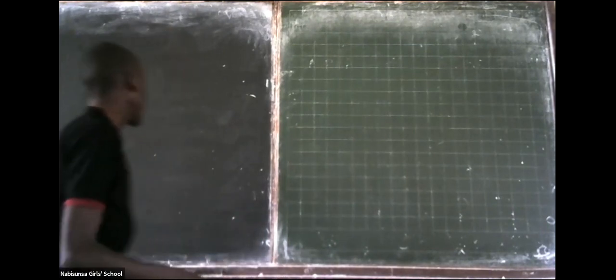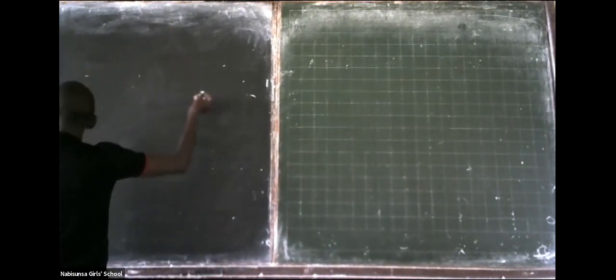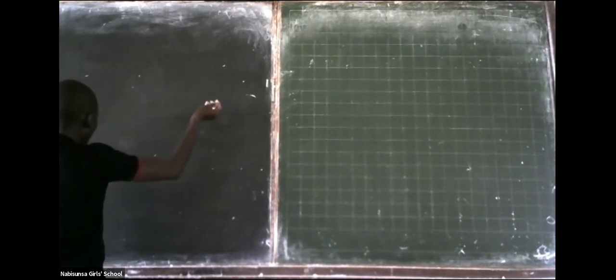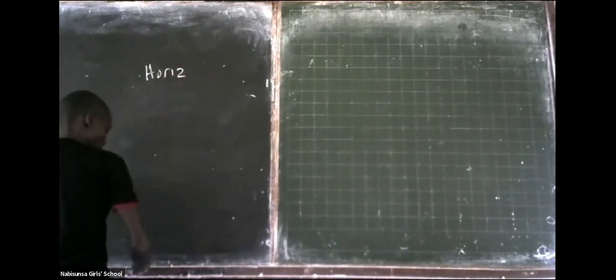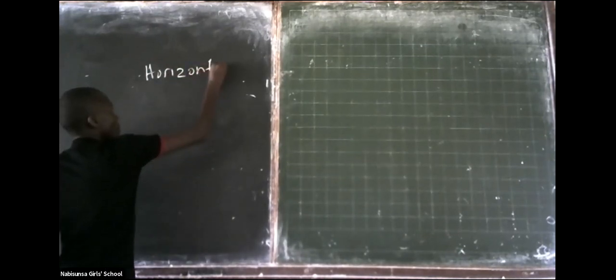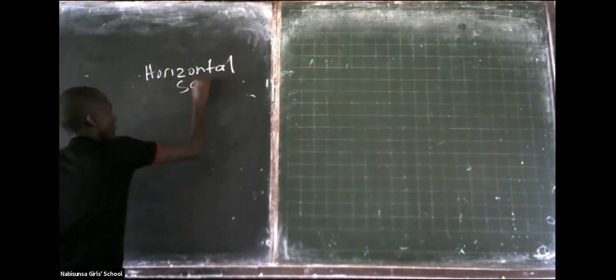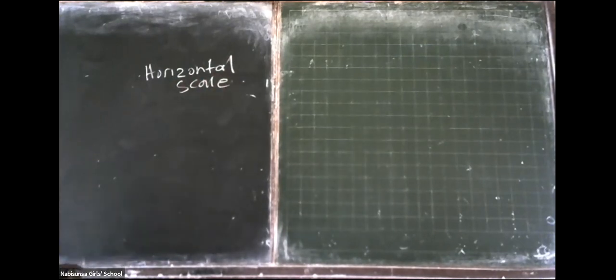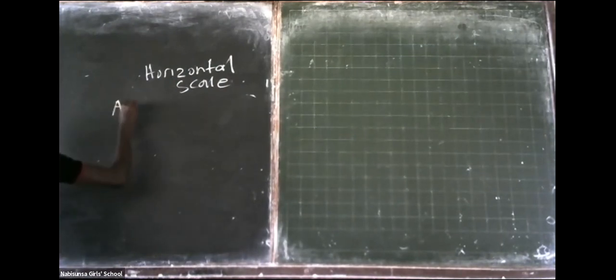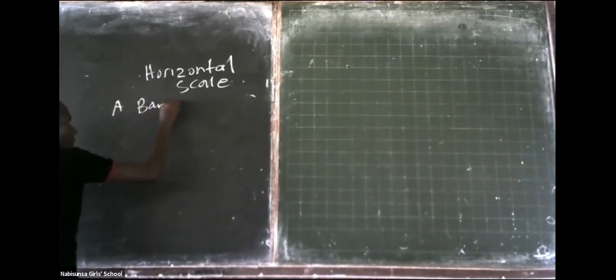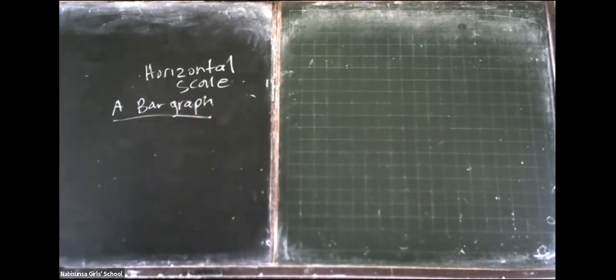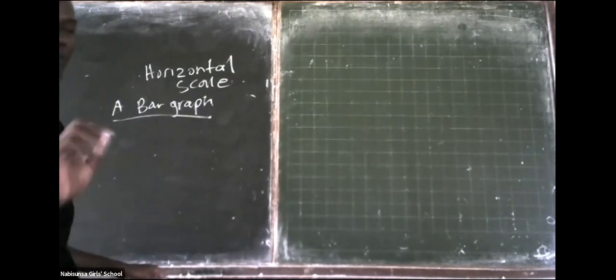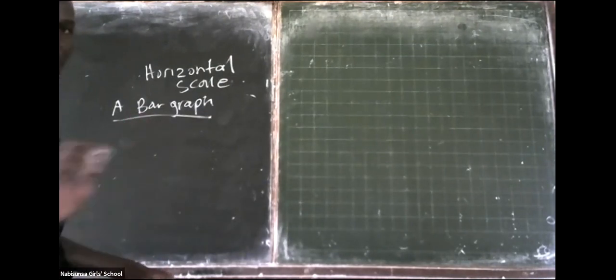Now let us write here how to find the horizontal scale for the bar graph and the line graph. How do we get it? This is the formula for a bar graph. Whenever you find a bar graph, that's how you do it.